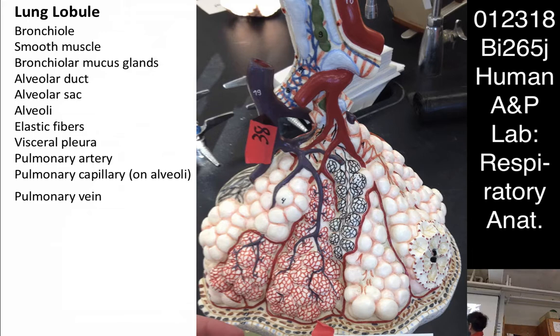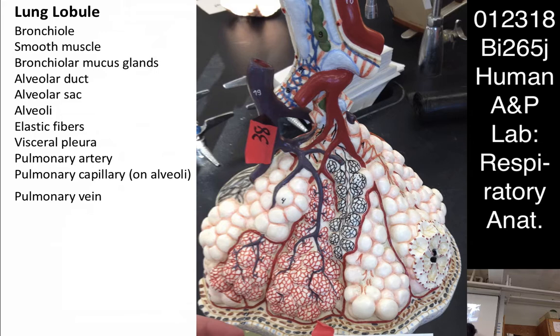So let's see if we can identify some of this stuff. Without having it in front of me, it's a little hard, but this would be a bronchiole, some smooth muscle would be these red bandings here. The black would be elastic fibers. Bronchiolar mucus glands.